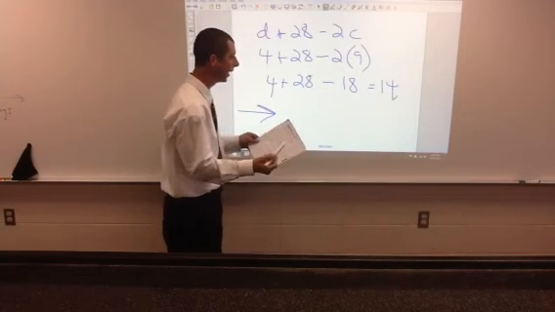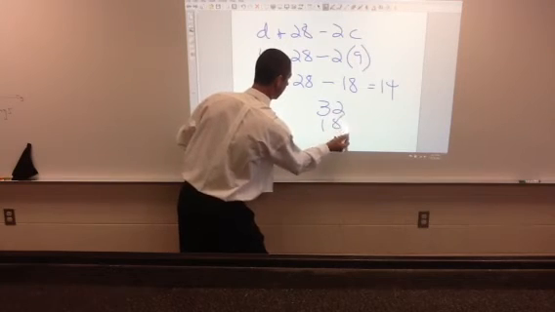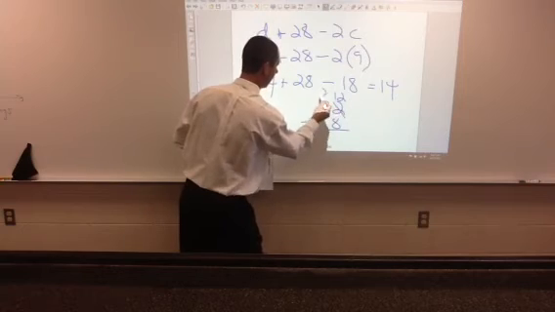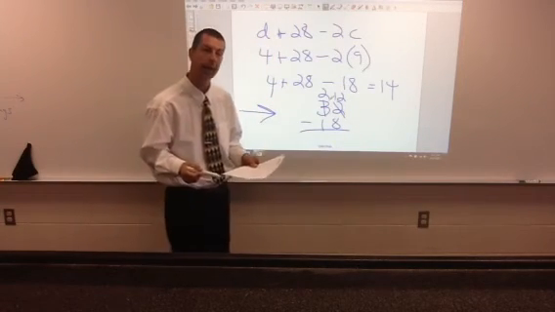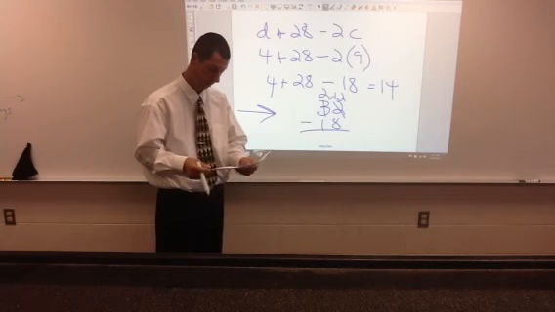If they have to perform the subtraction, 32 minus 18, I really encourage them to set it up, do their borrowing, and get their answer, not try to do too much in their head and end up making a mistake, even though they know how to do the problem.